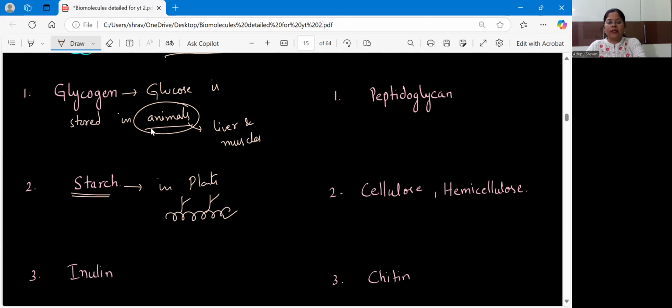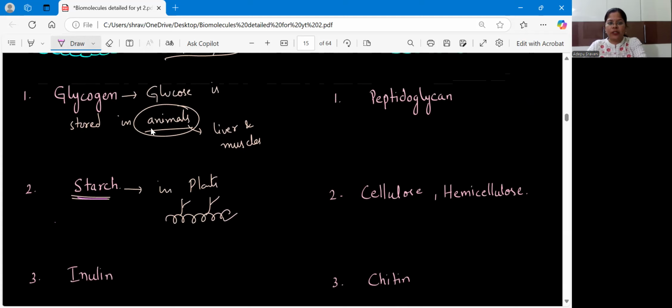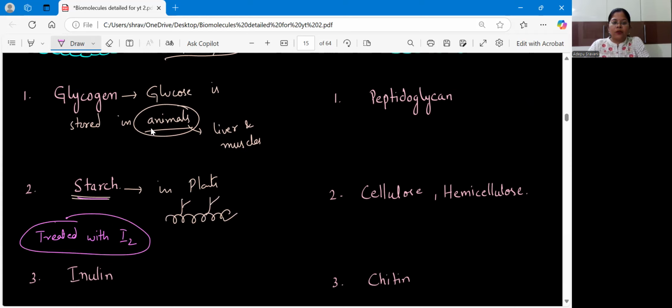Now, one more point in starch I wanted to tell you is, if you treat both starch and glycogen with iodine. When you treat the starch with iodine, if you remember, you have done the experiment with potato. When iodine is placed on potato, the potato will turn into bluish black color, isn't it?